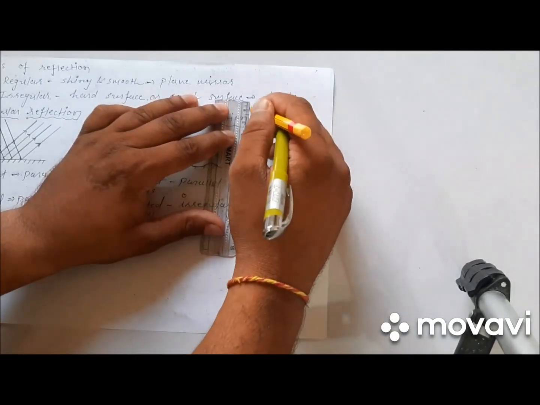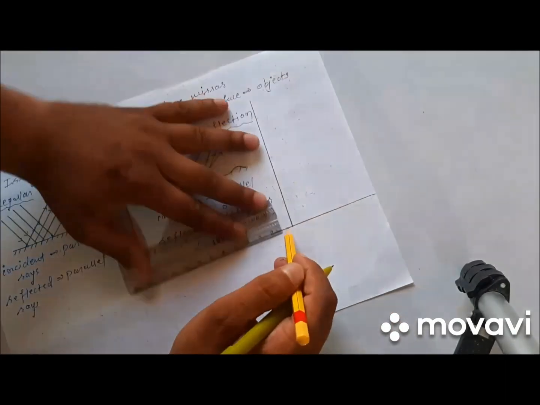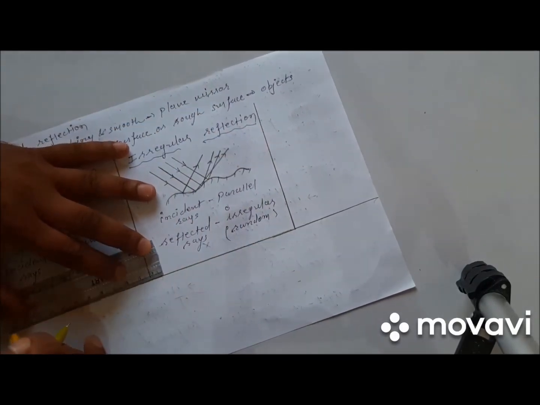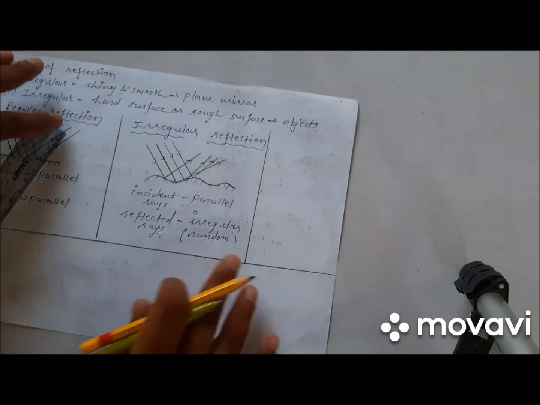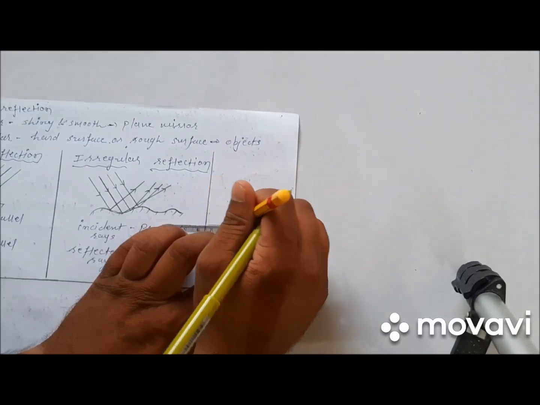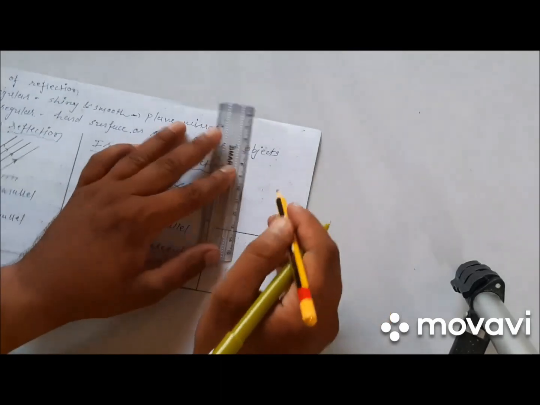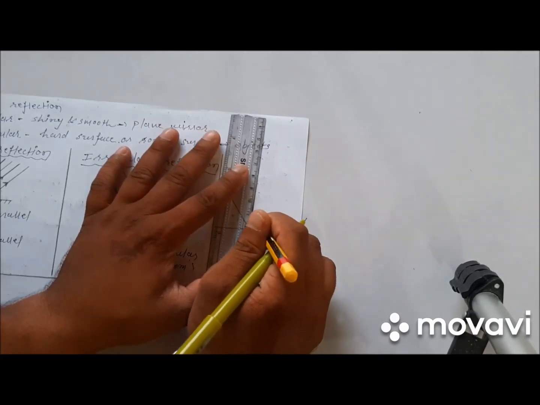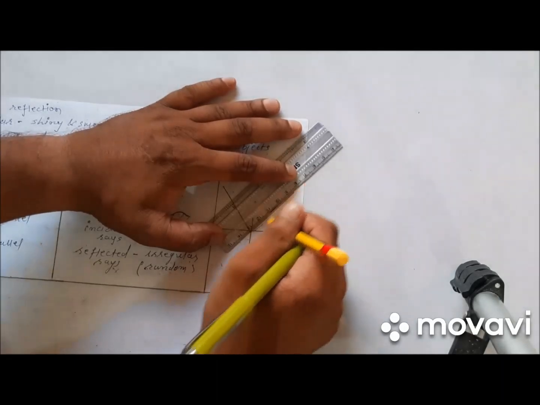But before understanding the law of reflection, we must understand some definitions, and they are very easy if we have focused on reflection of light. Here I am again drawing the figure of reflection of light. I am considering a plane surface, our incident ray, our normal drawn to the surface, and our reflected ray.